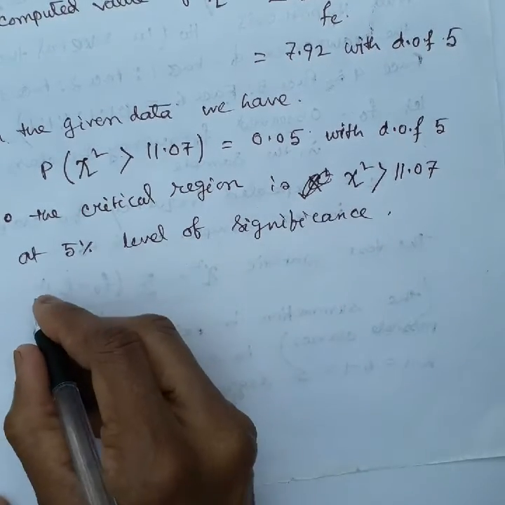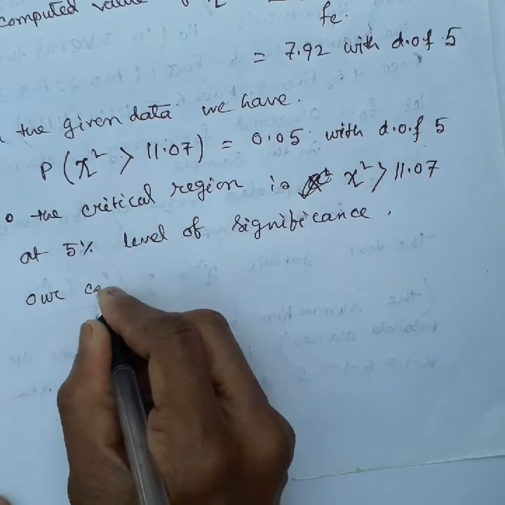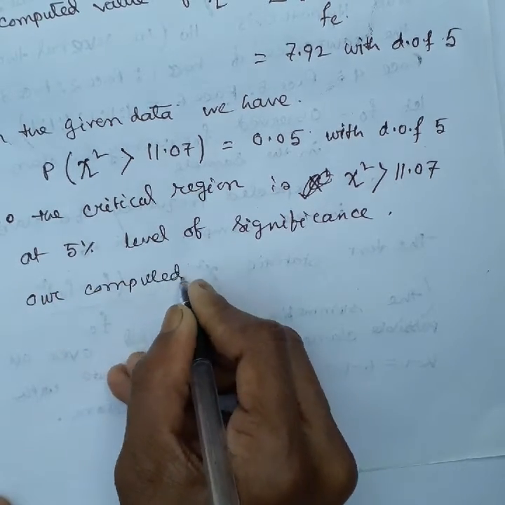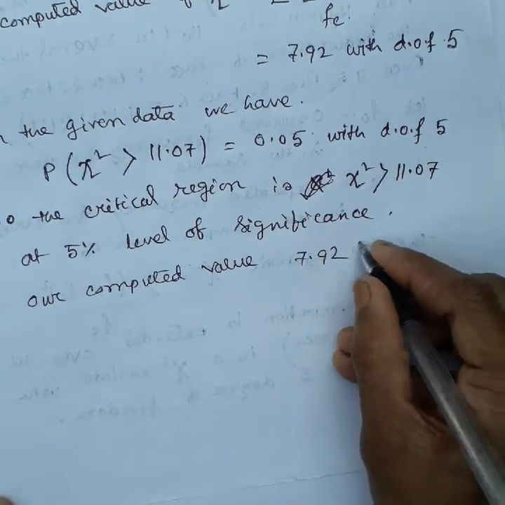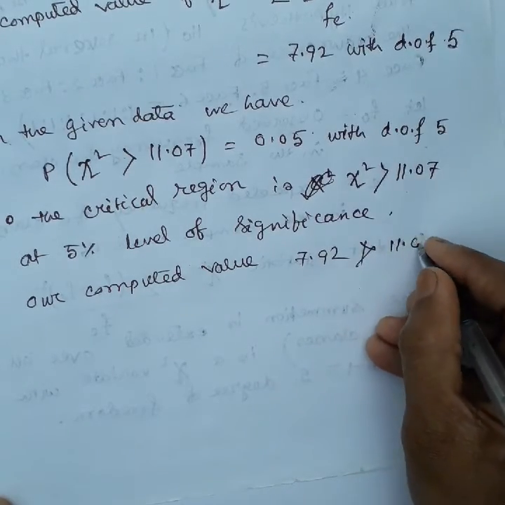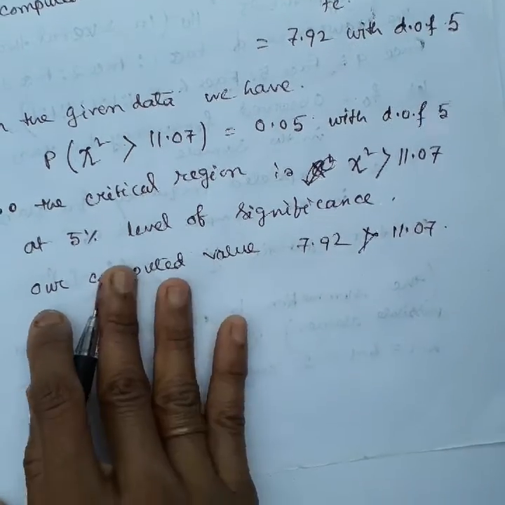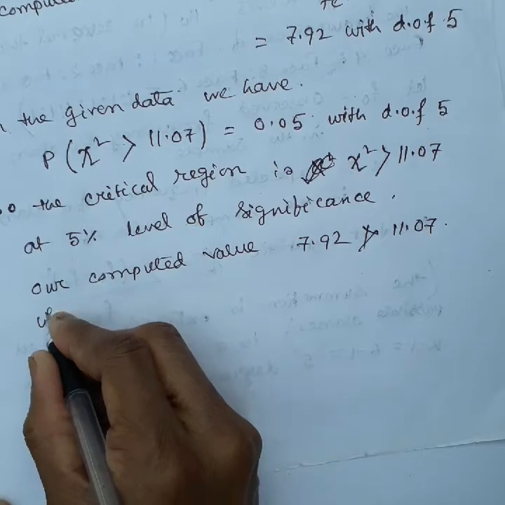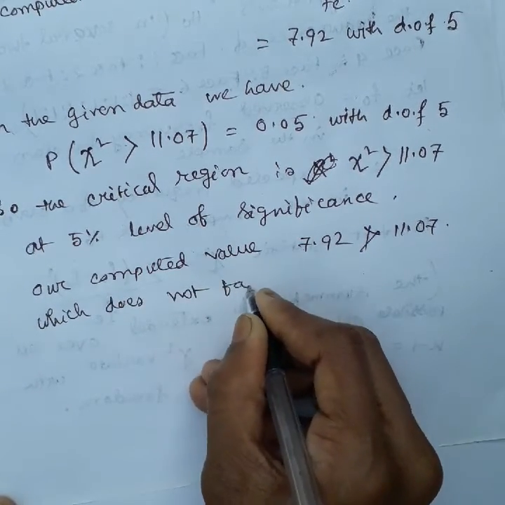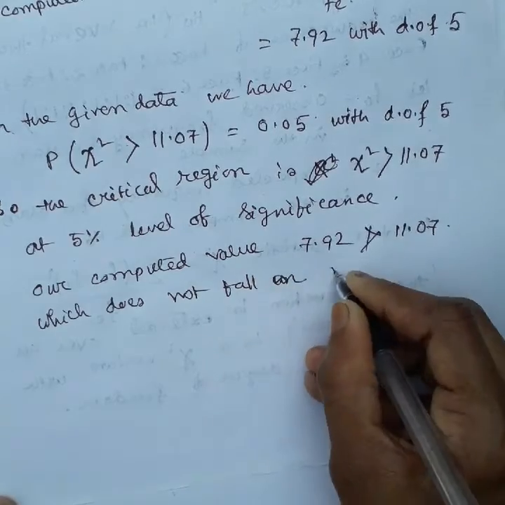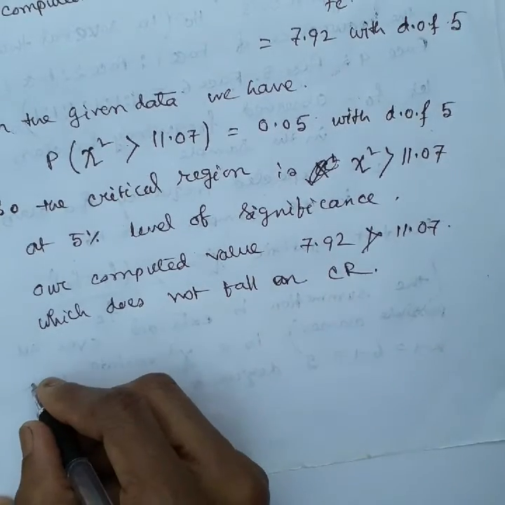Our computed value 7.92 is not greater than 11.07, so it does not fall in the critical region.